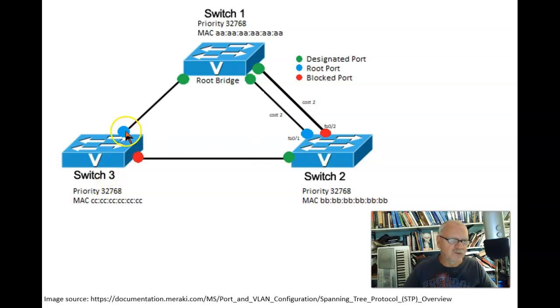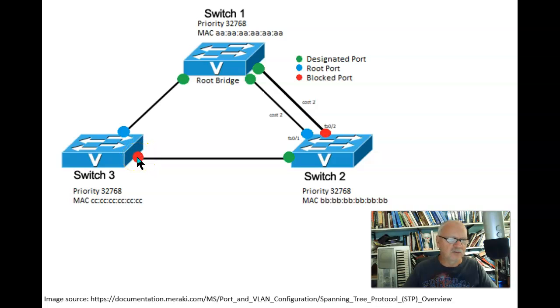So here's switch 3, the root port is the blue one here. So switch 3 has chosen this as the root port, and switch 2 has chosen this FA01 as the root port. So that is the one that is normally going to send that information over. It's only going to send it through the root port. And this one over here is blocked.